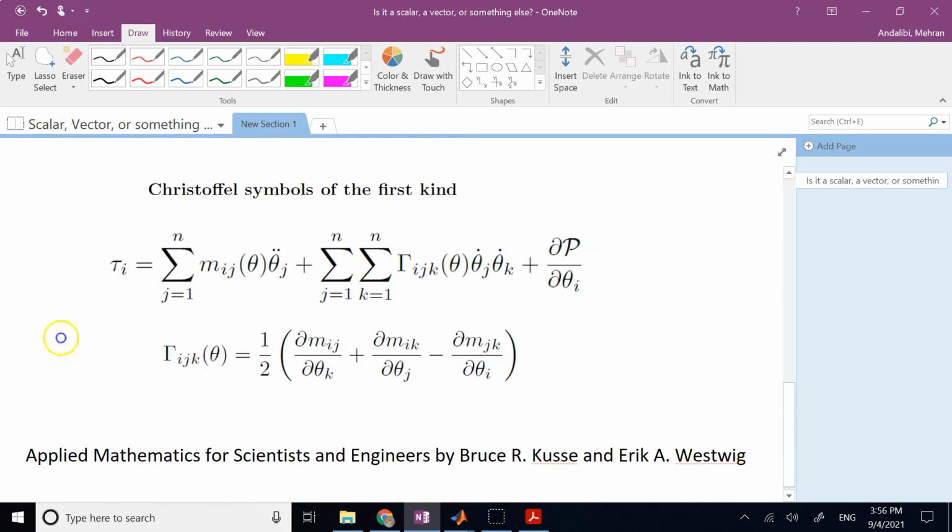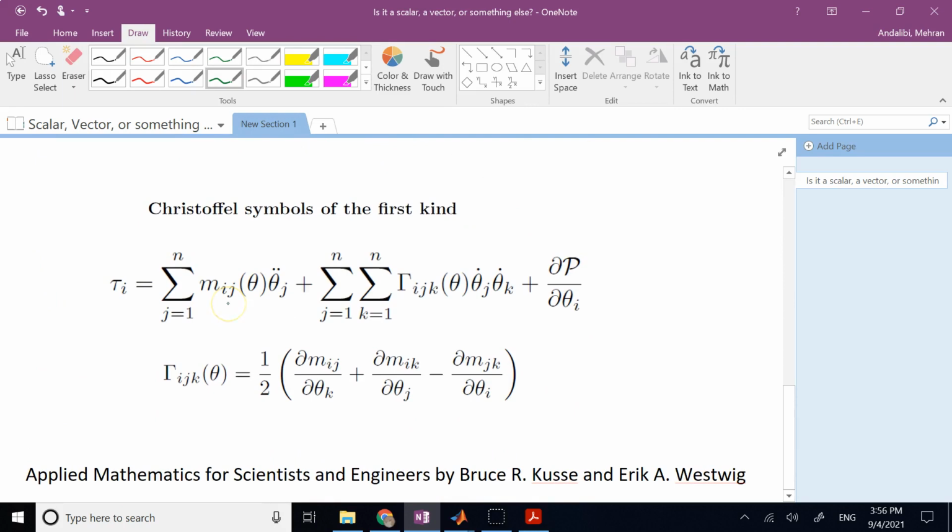The definition of this is, if you write the equation of motion for the ith joint, the torque applied to joint i comes from a mass matrix, then some centrifugal and Coriolis terms, and then the derivatives of the potential energy with respect to the joint variables. So this is the equation of motion that you can apply for each and every one of the joints.